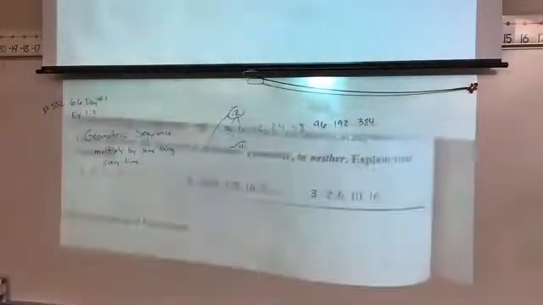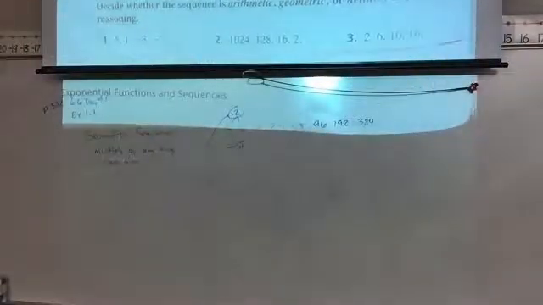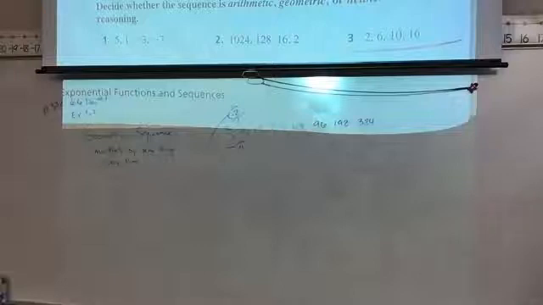Next thing we want to look at here is just to identify what type of sequence we have. So we've got 3 up here: arithmetic, geometric, or neither are your choices.